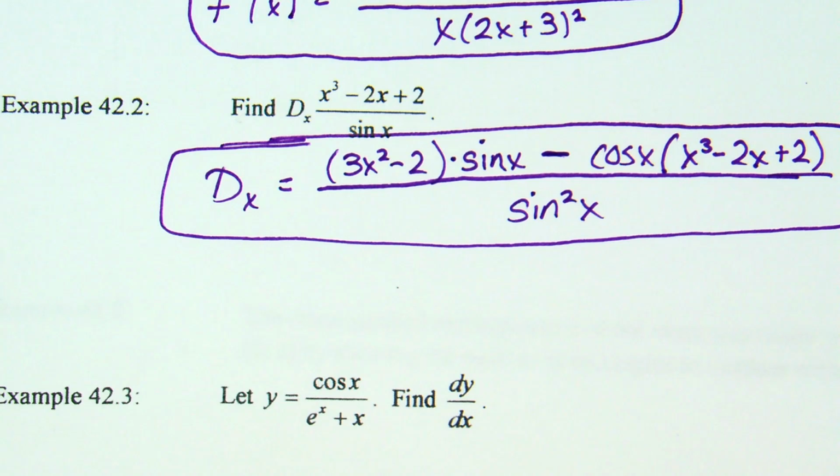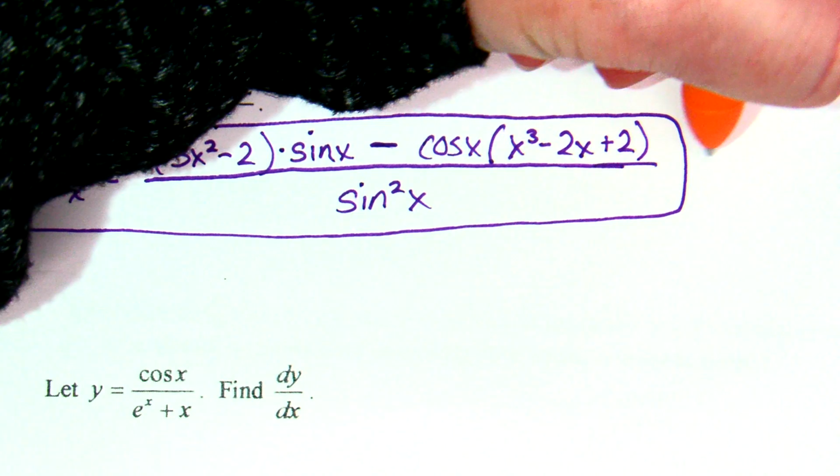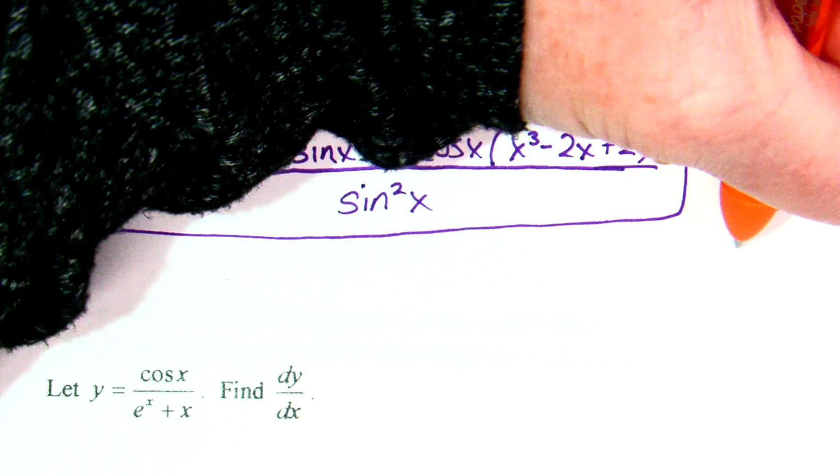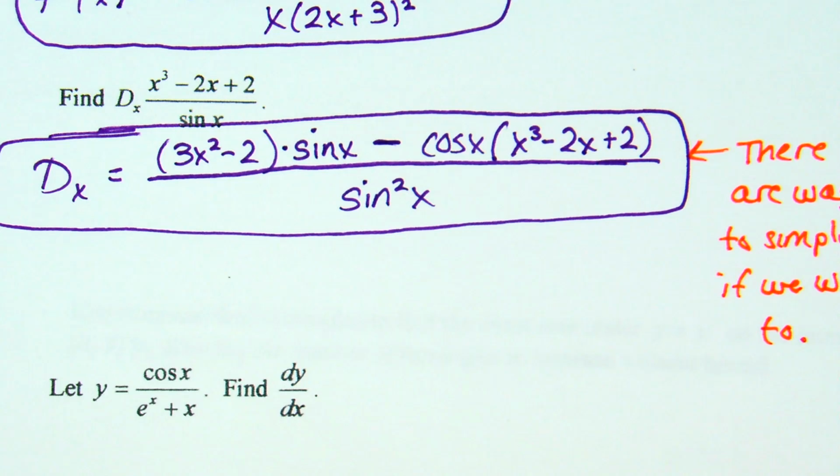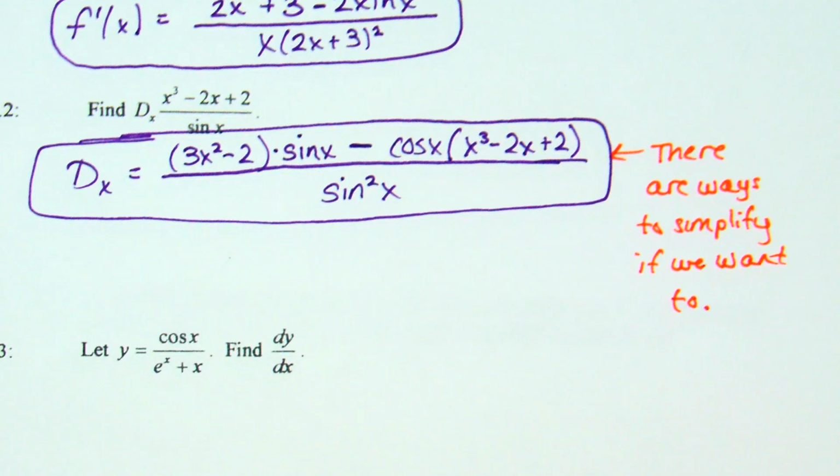So, in fact, I usually write in here off to the side that there are ways to simplify if we want to. Okay? I don't know that I really want to on this one.